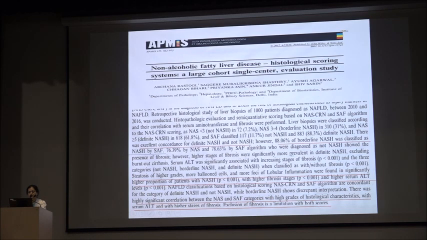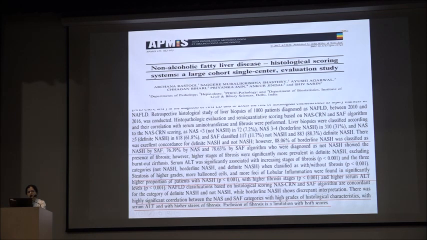It was also noted that 88% of borderline NASH cases, which were classified as borderline on the NASH scoring system, were picked up as definite NASH by the SAF system, emphasizing the value of the SAF system where borderline scores of 3 to 4 are seen.